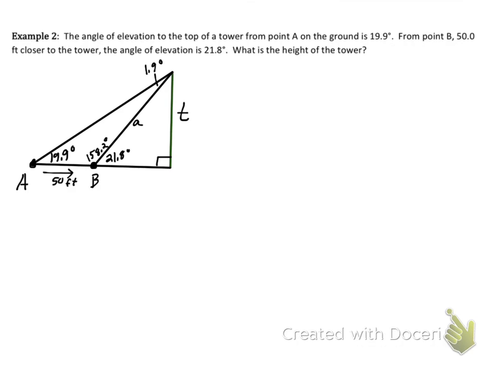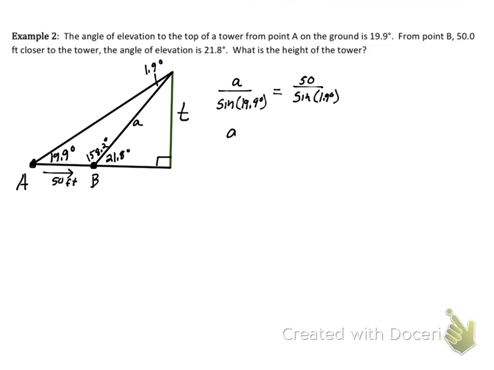A over the sine of 19.9 degrees equals 50 feet over the sine of 1.9 degrees.